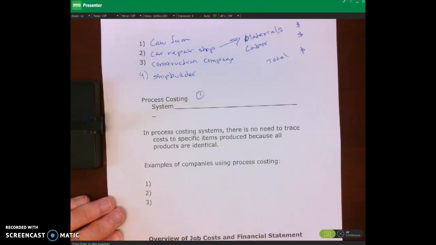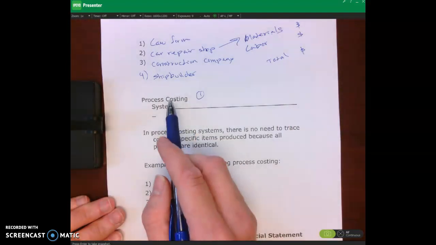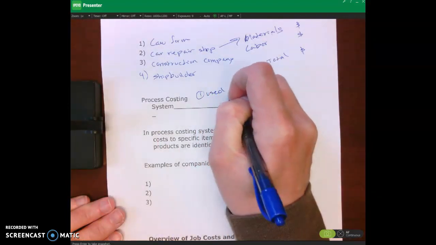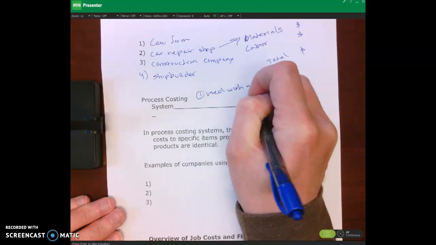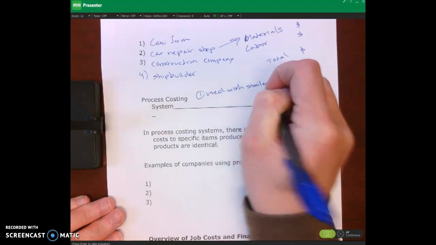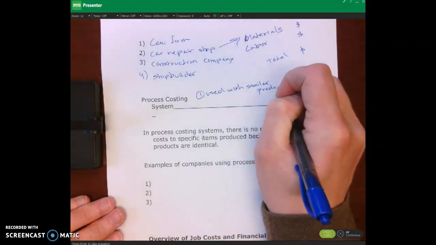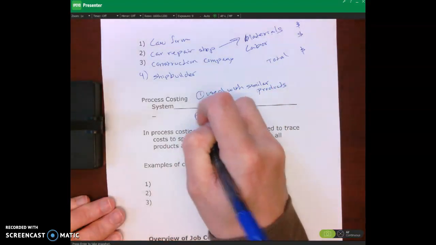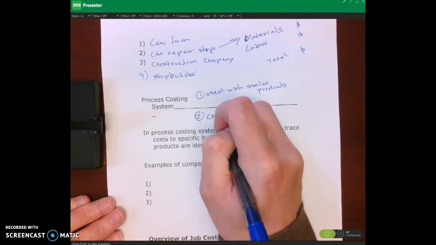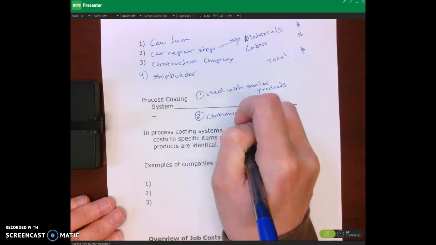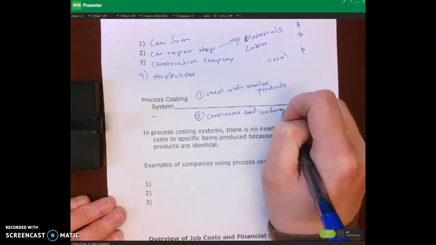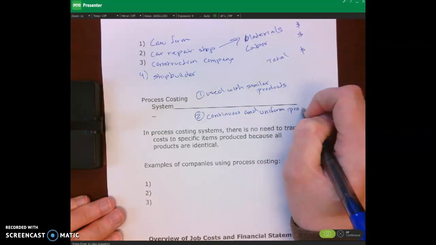So very different jobs in a car repair shop. Process costing systems, though, are going to be used with similar products. The other characteristic is that there is a continuous and uniform production process.